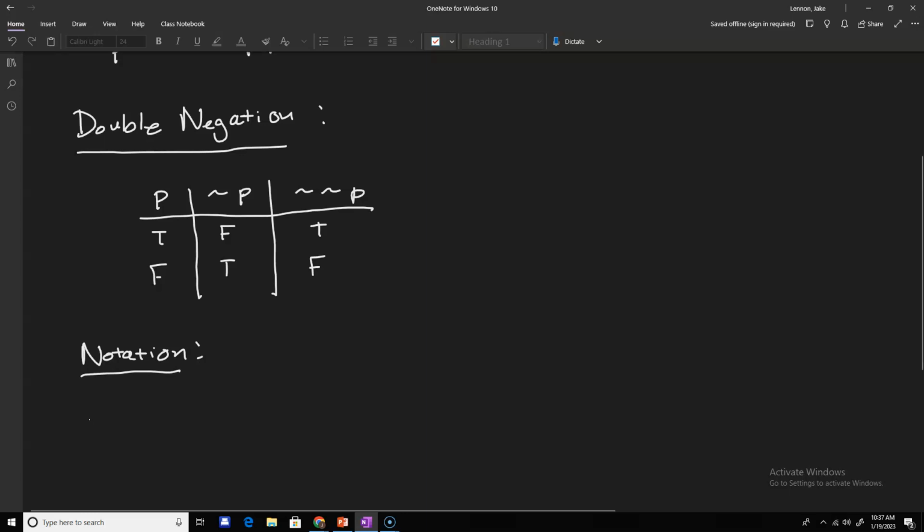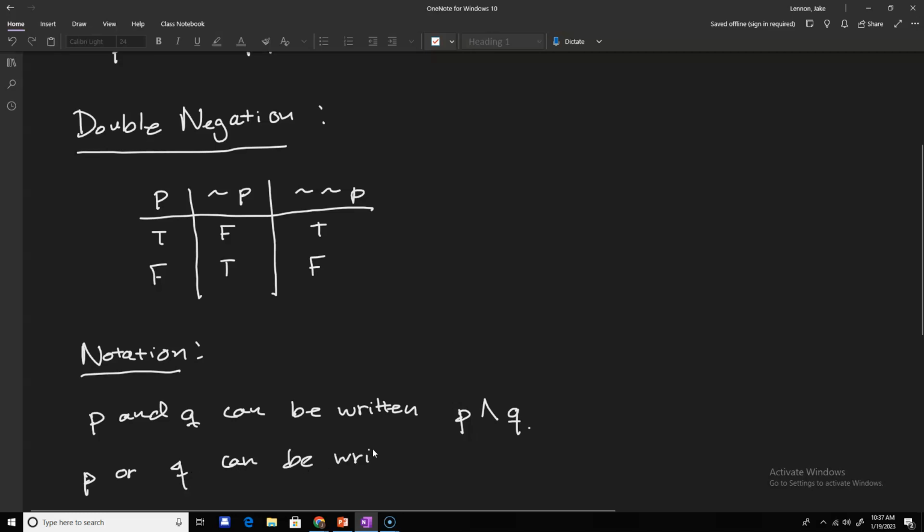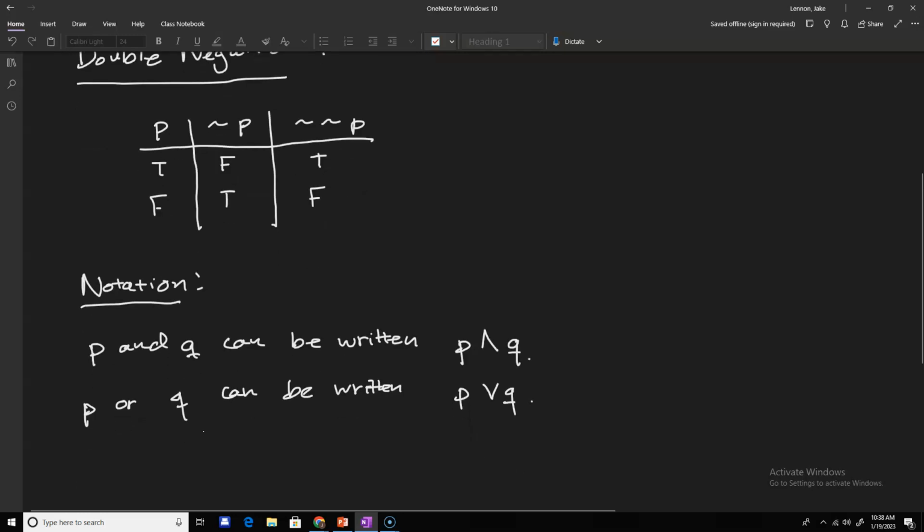P and Q can be written P and then this kind of upside down capital V. And I'll just jump ahead now, P or Q can be written like this, and then we can do the implication as well.